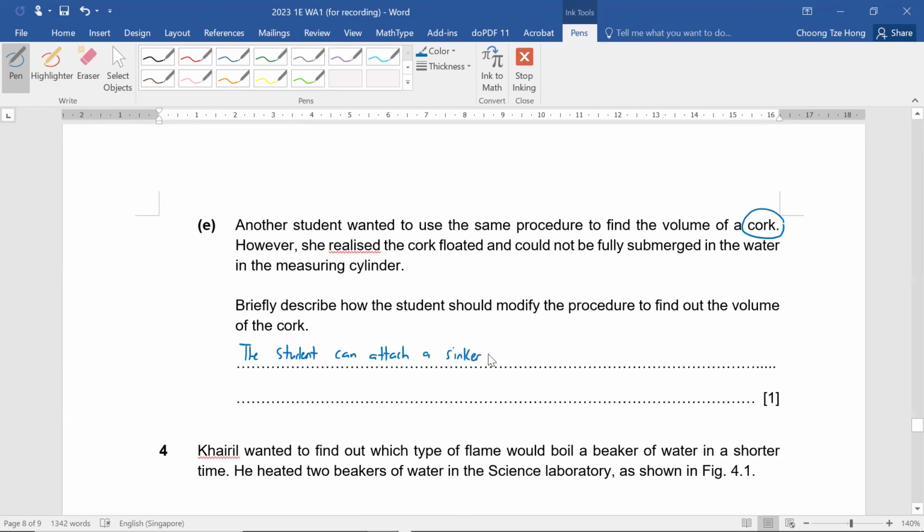A sinker is basically something that is very dense and heavy, so that it can bring the cork down, so that the cork can be fully submerged in water.